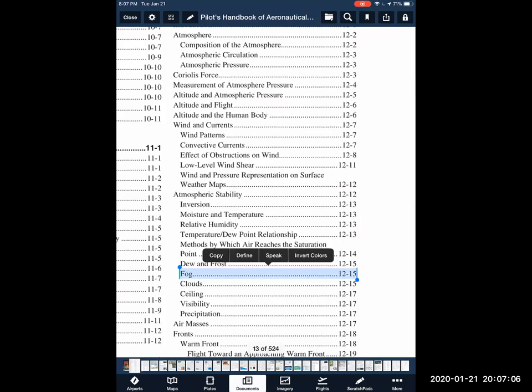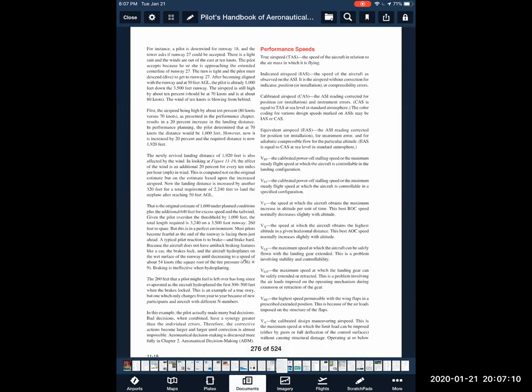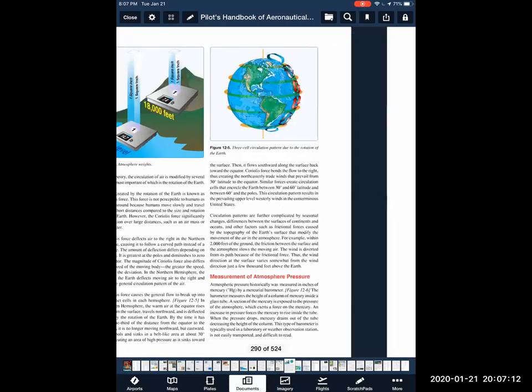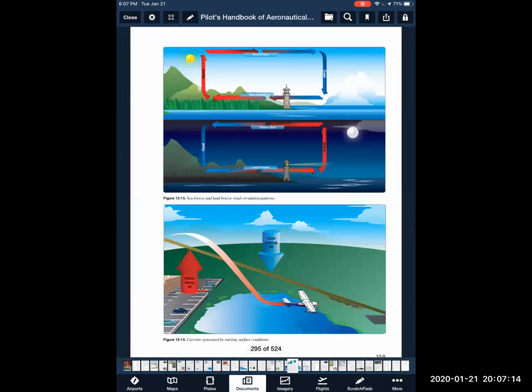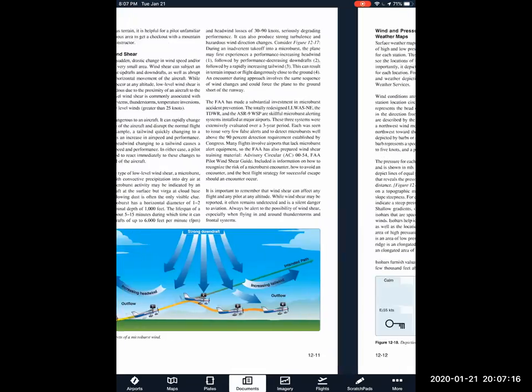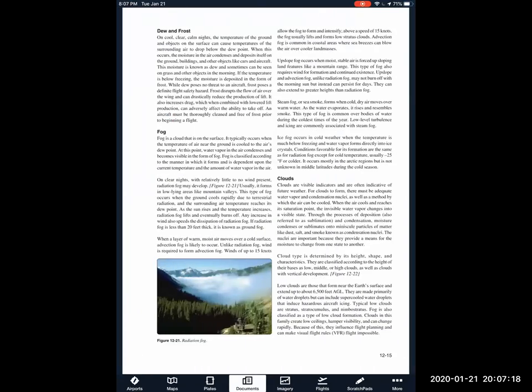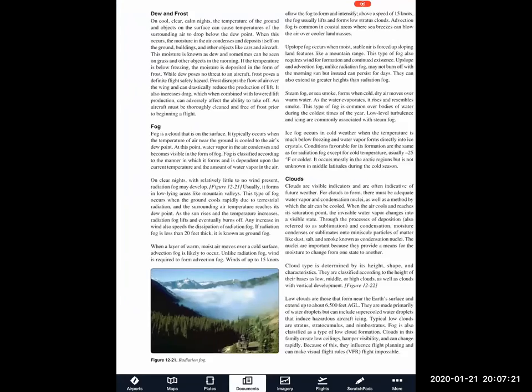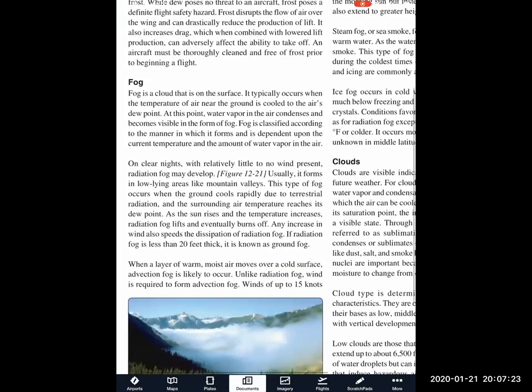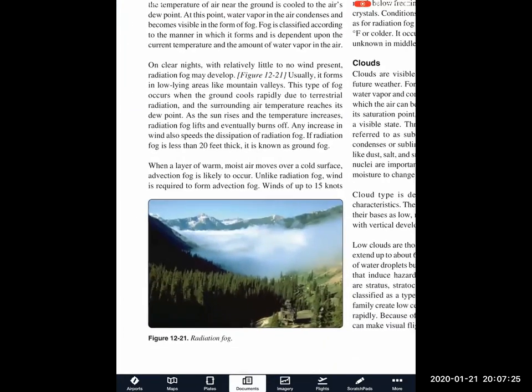Sure enough, we can see a section on fog, 12-15. So let's jump to 12-15. And we can see a section on fog. Specifically, what you and I are talking about right now is particularly radiation fog.